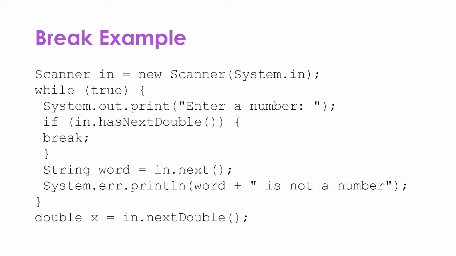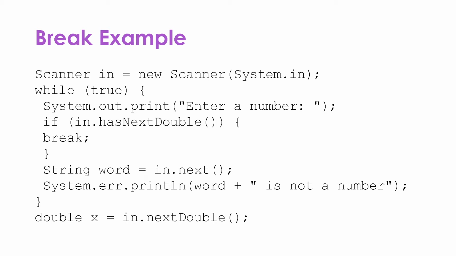So let's look at a break example. We're dealing with input validation again. So we're saying, while true, we're going to allow our user to input. System.out.print, enter a number.